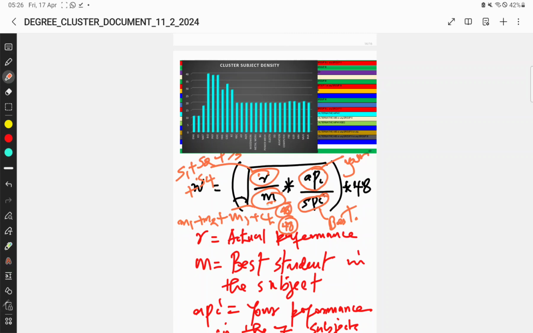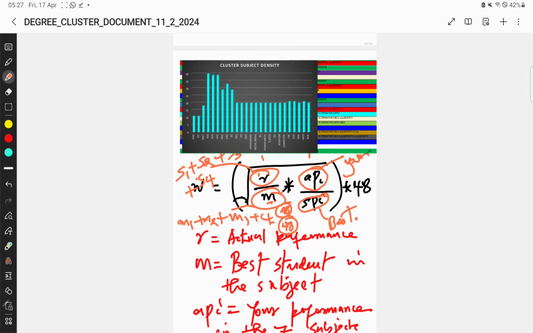So this part here becomes 1. Then your performance also matches the best student. Let's say 84. So this point here becomes 1. So it's 1 times 1, which is going to be 1. The square root of 1 is 1. We multiply by 48, so you'll have total points, which is going to be 48.